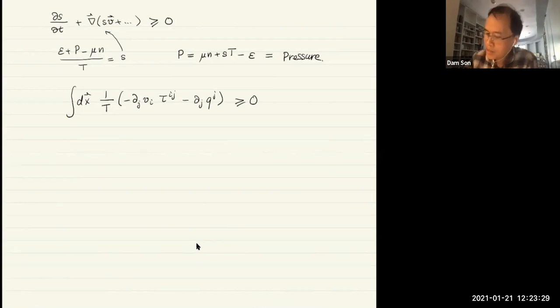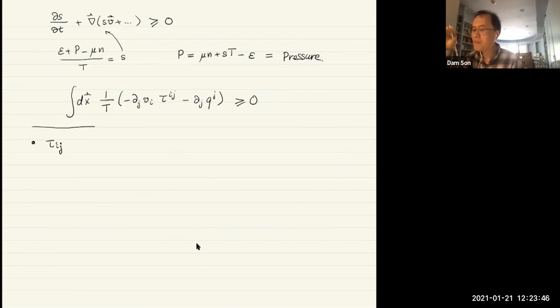So at this step, there is one thing that we want to clarify. This tau_ij must be such that it contains derivatives.